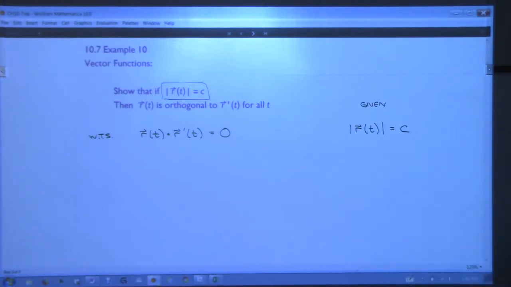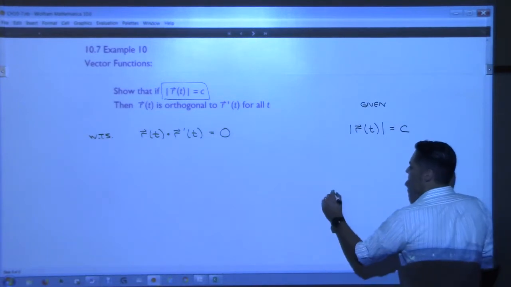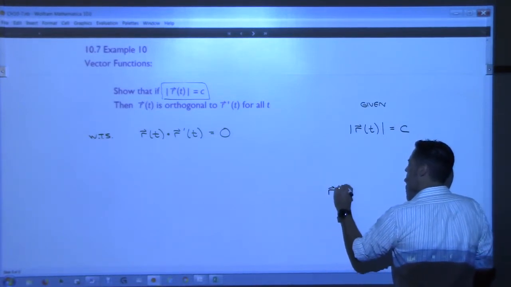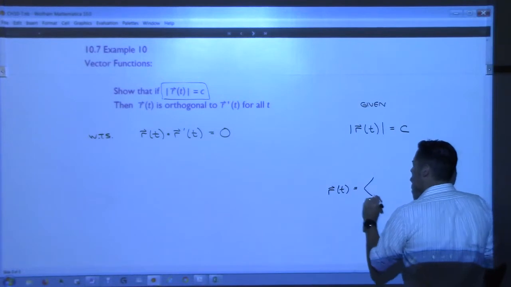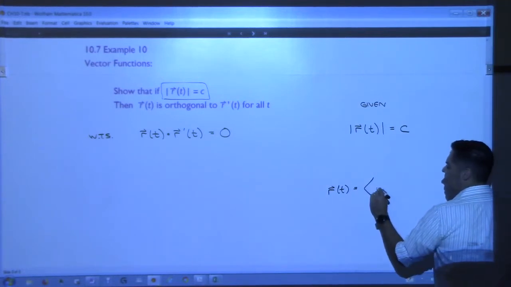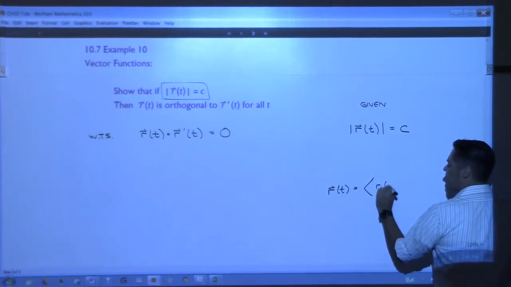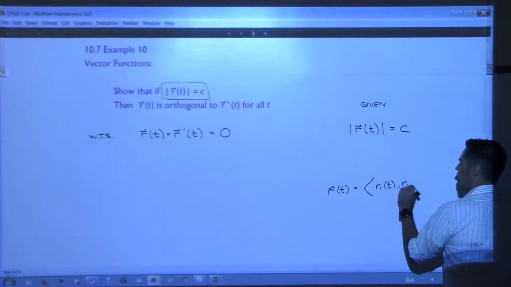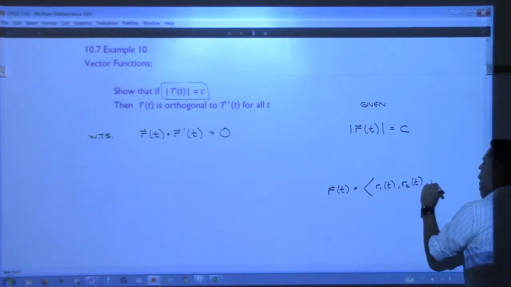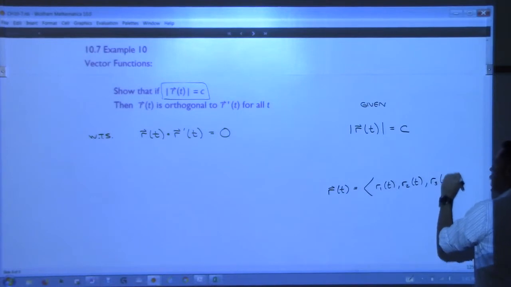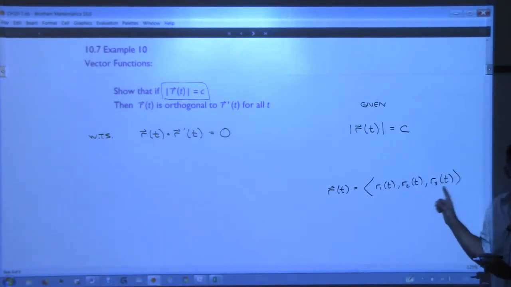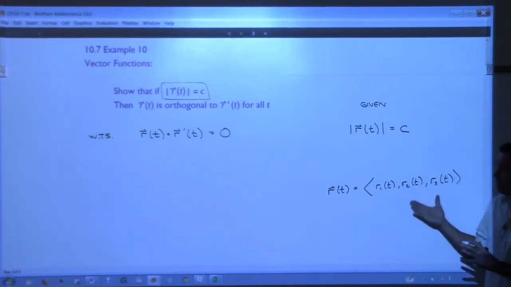That's all we can do, just put it in vector form, make up some arbitrary. Could we say r of t equals the vector r1, r2? I could do r1 of t, r2 of t, r3 of t. I could do that because remember, these are functions of t. They're not numbers.